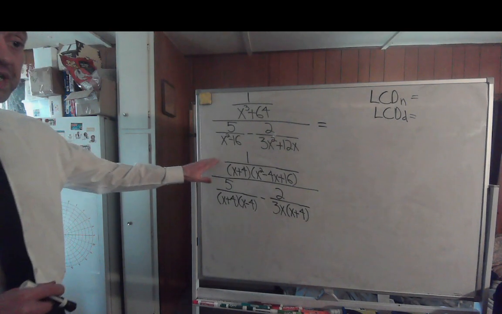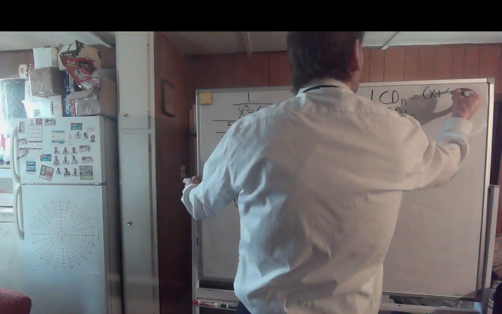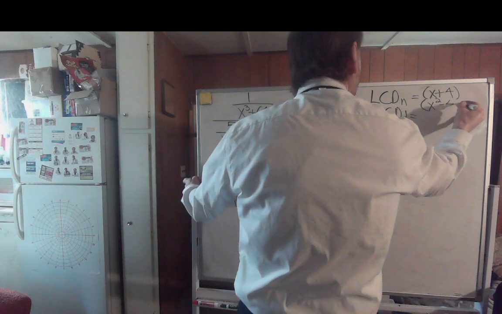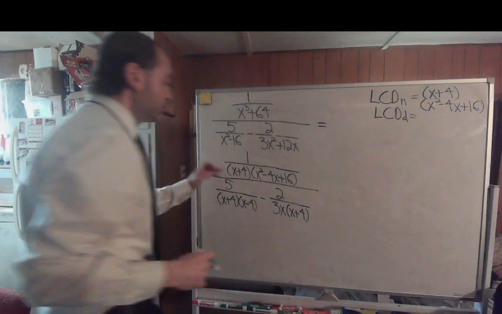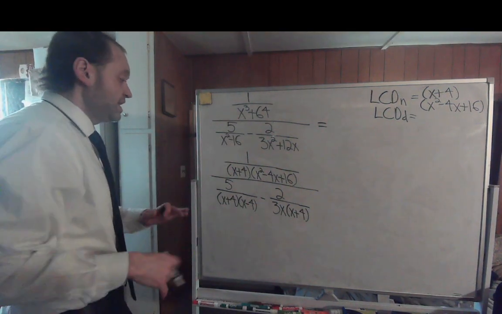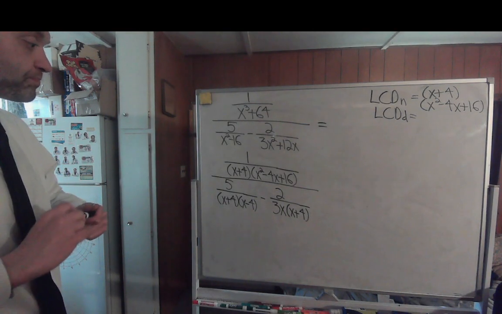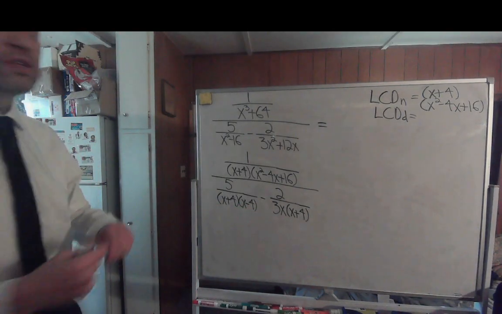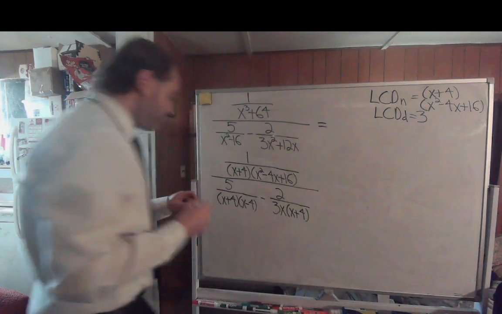It's clear that the least common denominator of your numerator is going to be that x plus 4 times x squared minus 4x plus 16. And we're already there. There's nothing we really got to do with the numerator, at least not yet. Now, your denominator, you have a constant term of 1 and a constant term of 3, so the least common denominator of the constant would be 3.